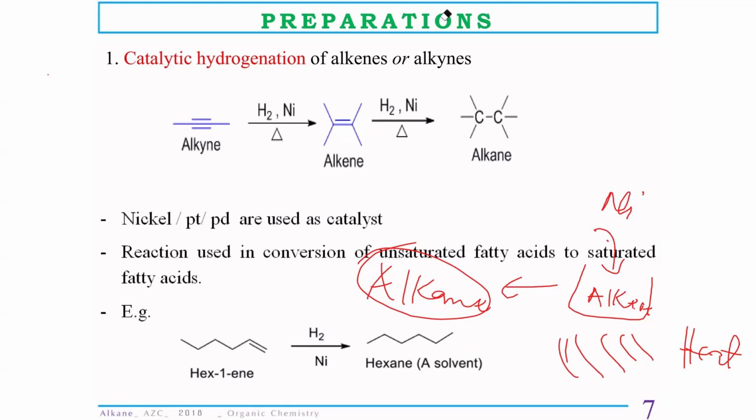Another example: hex-1-ene is an alkene with one double bond at carbon 1. If you want to get hexane, which is a solvent, you add hydrogen and nickel, then heat it. Hex-1-ene will be converted to hexane. This is how we obtain alkanes from catalytic hydrogenation. Remember, hydrogenation is the addition of hydrogen.